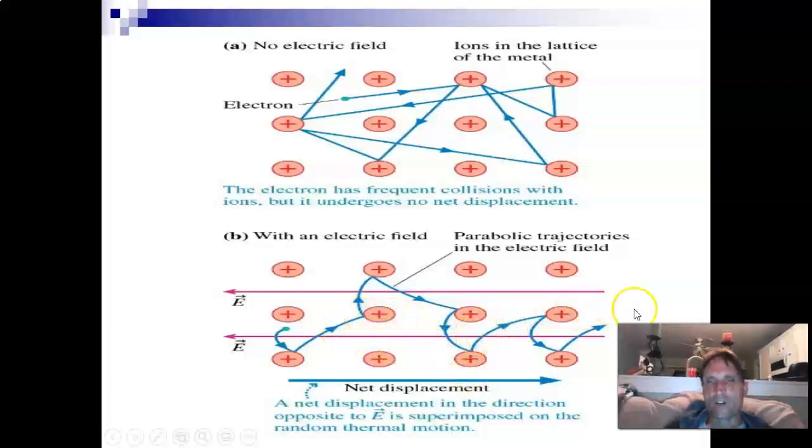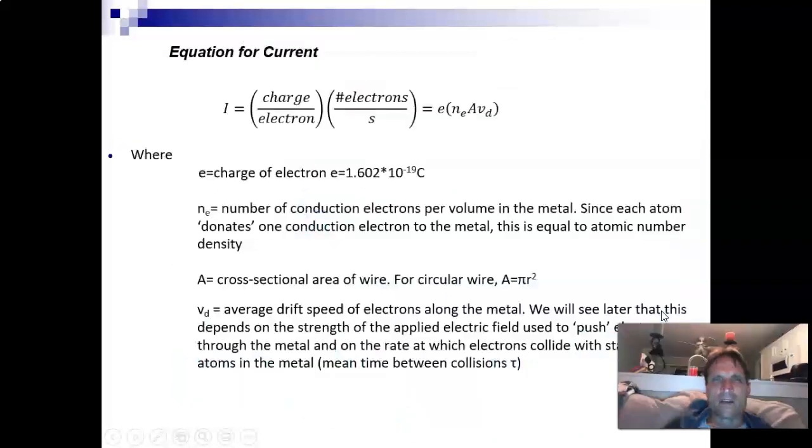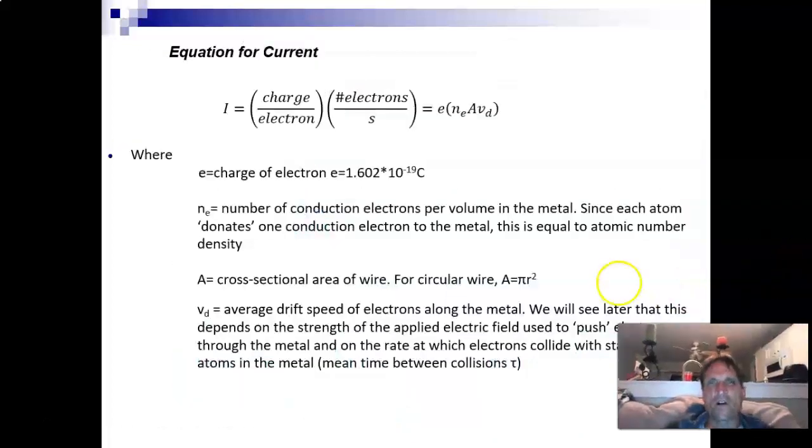And also, as we increase this electric field, the drift speed is also going to increase. So the drift speed depends on the electric field, and it also depends on the time that the electron takes in between collisions. If it collides less, it's going to end up with a greater speed to the right. So the current then depends on these three factors.